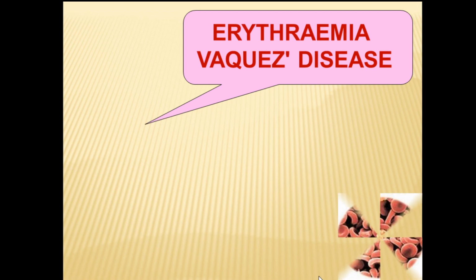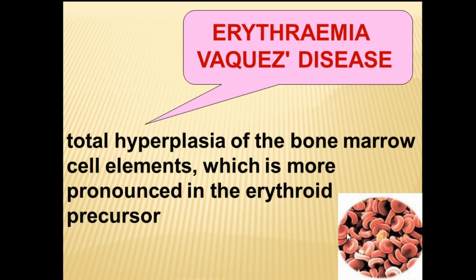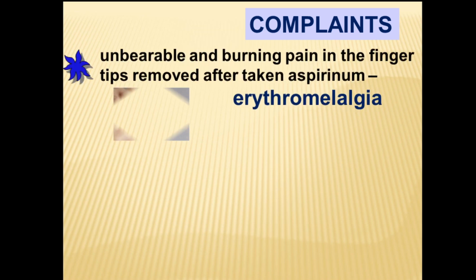Erythremia, or Vaquez's disease, is characterized first of all by pronounced proliferation of erythroid precursors. As a result, the blood of the patient becomes very, very viscous due to the increased count of red blood cells.